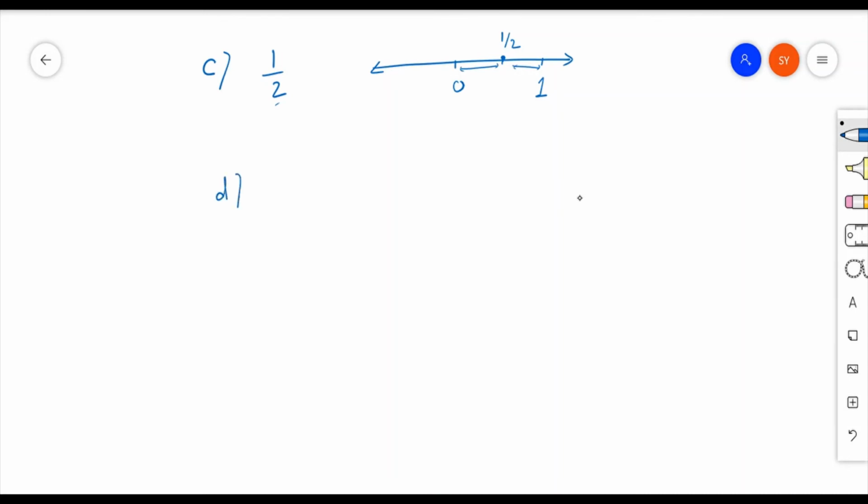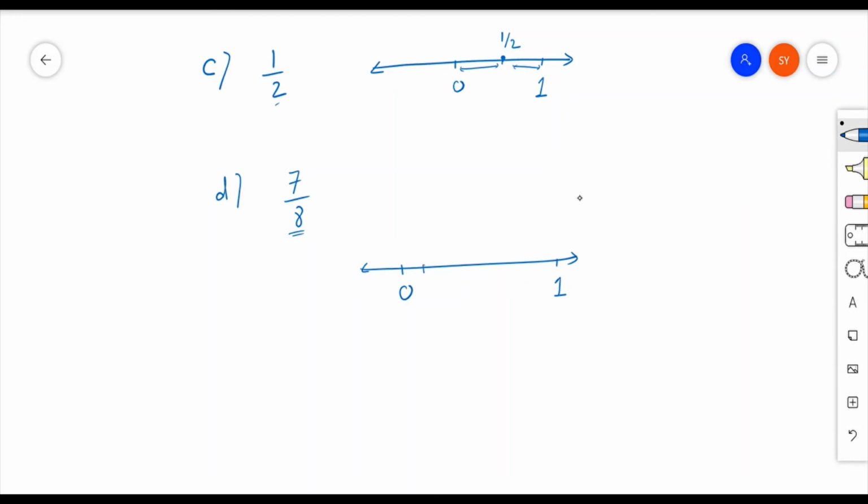Now we have D. D says 7 by 8. So we'll have a number line. Again, the numerator is less than the denominator, so it will lie between 0 and 1. Here we have to divide it into 8 parts.